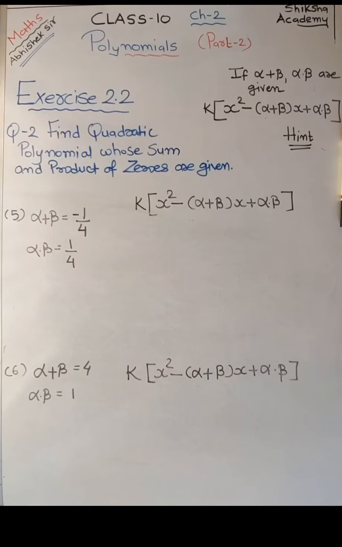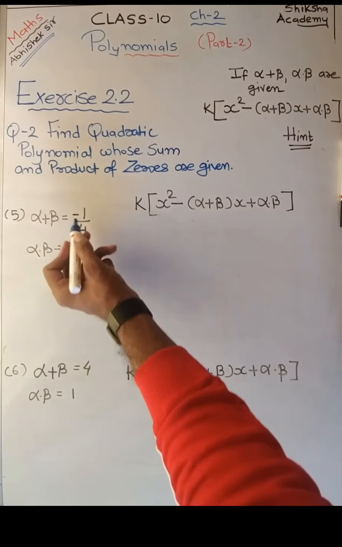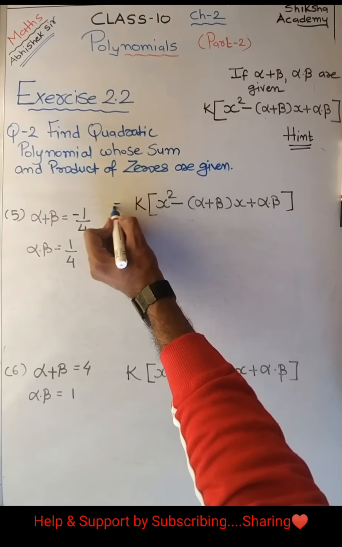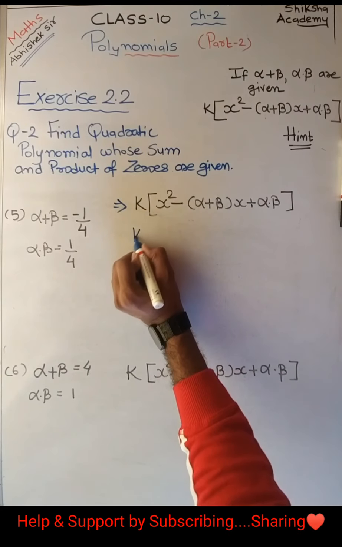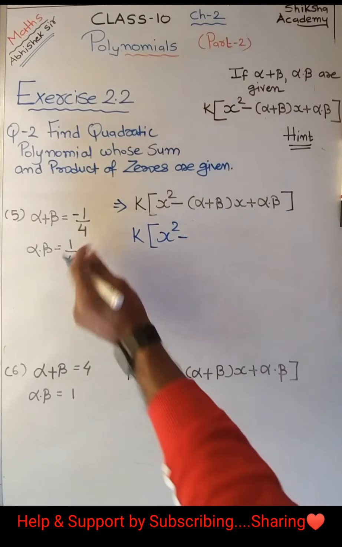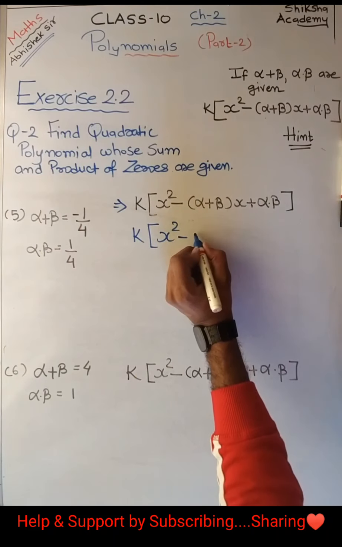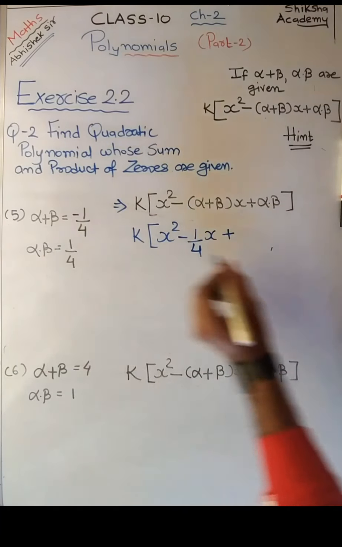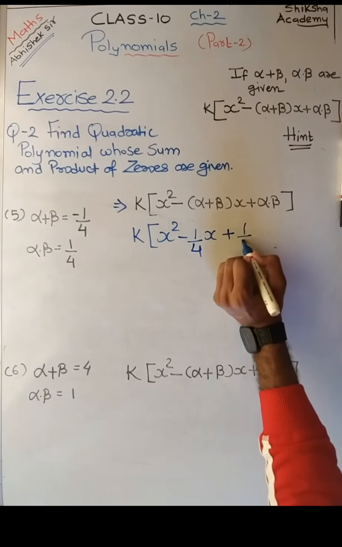Moving on to the last two questions, we have alpha plus beta as minus 1 by 4, alpha into beta as 1 by 4. Here we have our original equation where we have to put the values. So let us start. Minus alpha plus beta, what is it? Minus 1 by 4. So minus 1 by 4 x plus alpha into beta is 1 by 4.